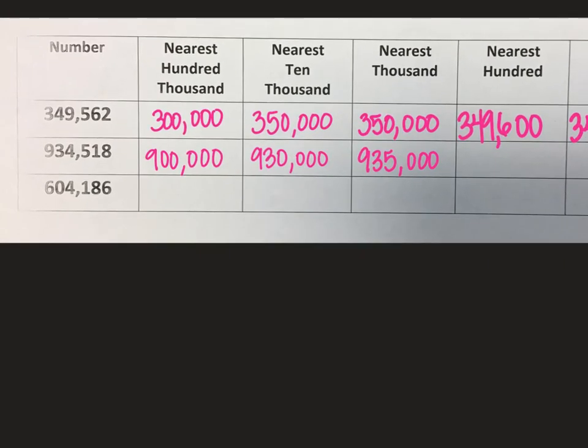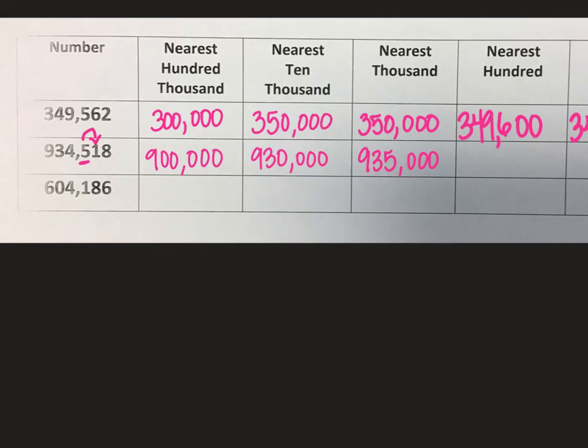Okay, what about the nearest 100? If we're doing it to the nearest 100, Caitlin, what digit is in the hundreds place? The 5. So we're going to underline the 5. We underline the place we're rounding to. We're going to draw an arrow to the 1. Okay, Miles, what am I going to do? That 1 tells me to what? Let it rest or give it a shove? I'm going to let that 5 rest.